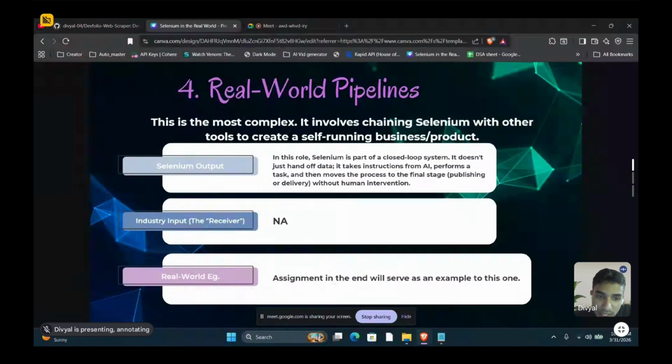In this case, there is no such industry as an input, because Selenium is integrated in the pipeline. Selenium has some module which does the decision making, and whatever actions are required to be taken by a human are done by Selenium. Even the delivery of the output is done by Selenium itself.